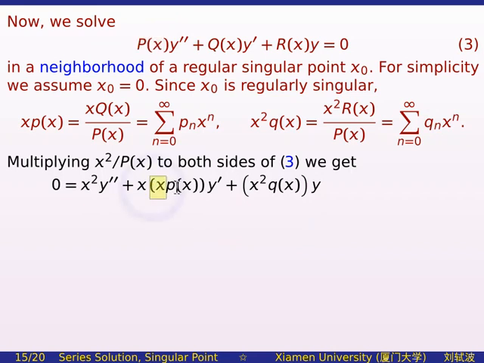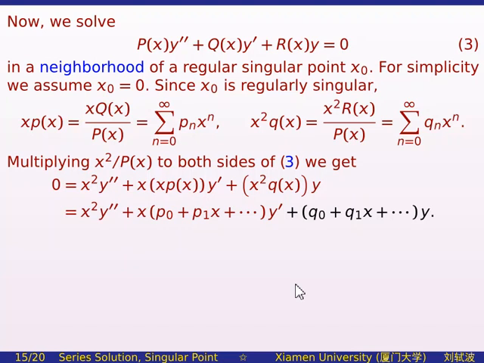Then we use the expansions here and here, obtained by the condition that x0 is a regular singular point. Here x p(x) will be replaced by the power series p0 plus p1 x plus higher order terms, and for the coefficient of y, that is x squared q(x), we also replace the coefficient by the power series. So we obtained this result.